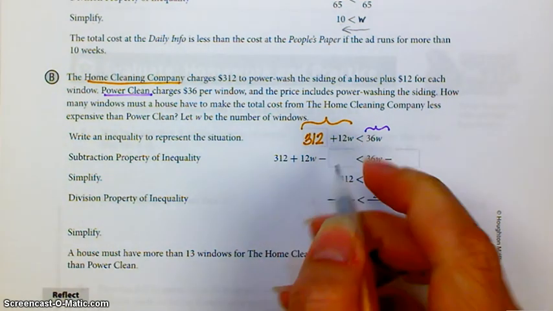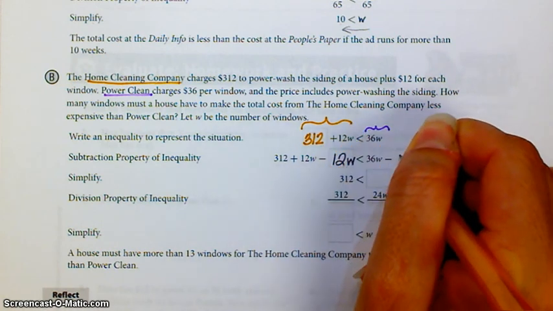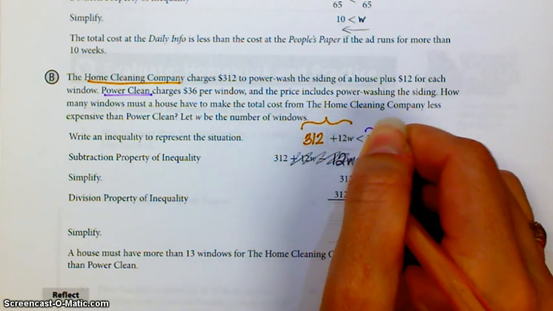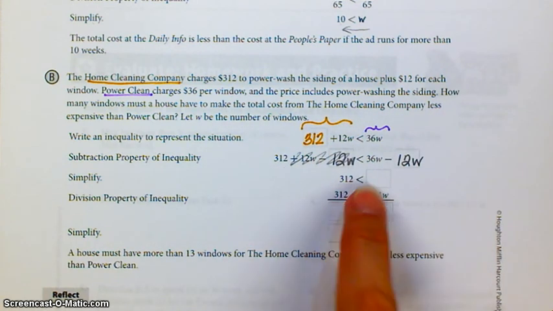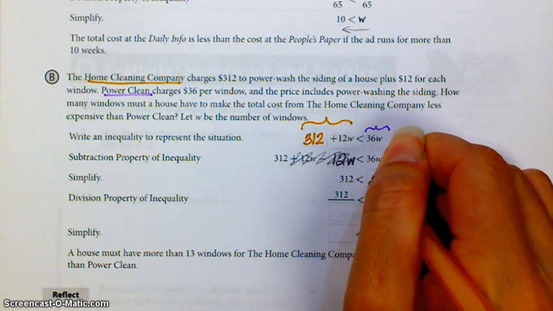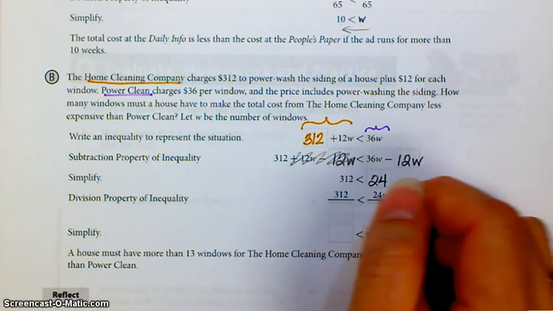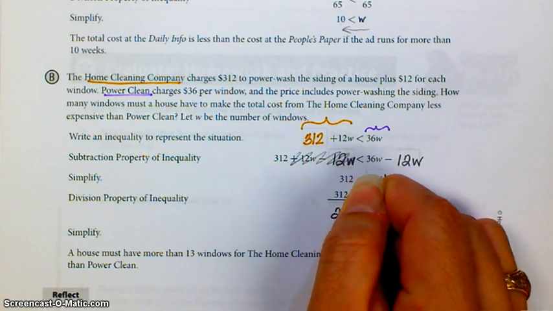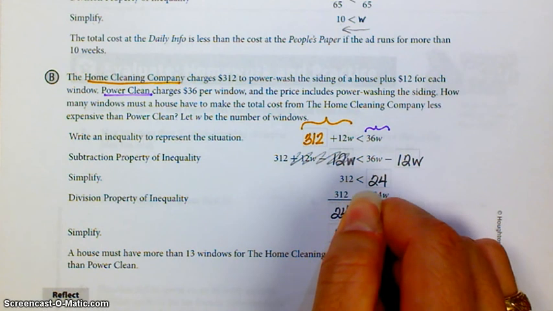Okay, so they're going to move the 12W by subtracting it from both sides, which gets rid of it right here. And you now have 312 is less than 24W. Get W by itself by dividing both sides by 24. 312 divided by 24 is 13.